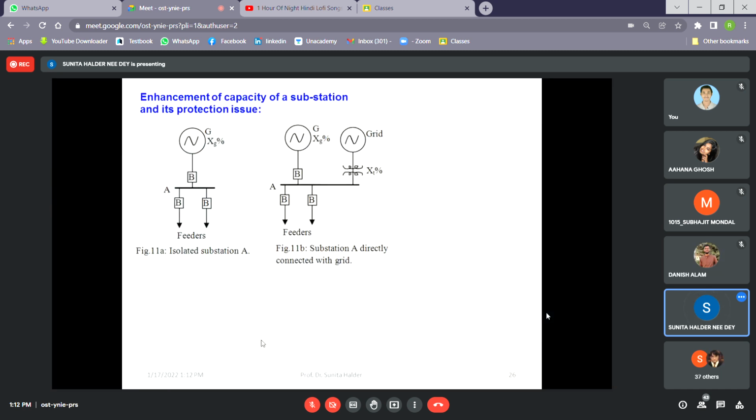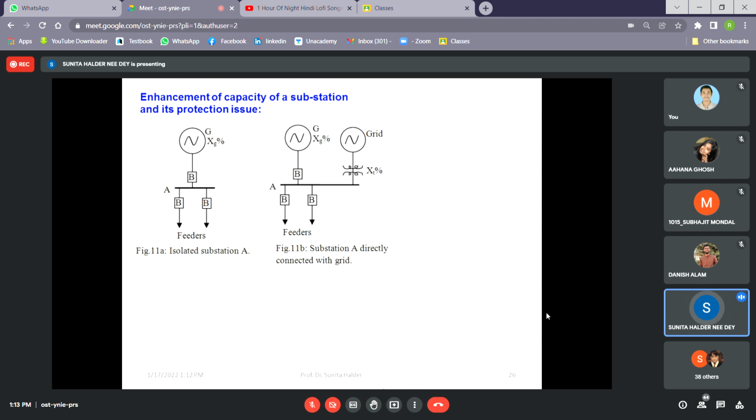Then, if we want to find out what the fault current will be, here one generator was in the circuit. Now another generator or generator-type thing is in parallel. So obviously the current will increase. Some more current will be added.